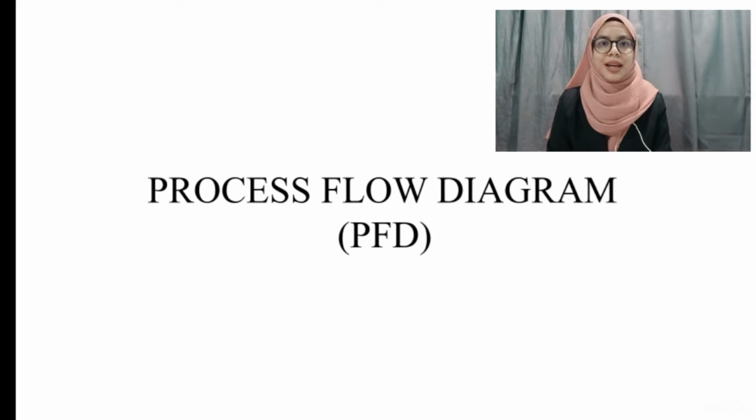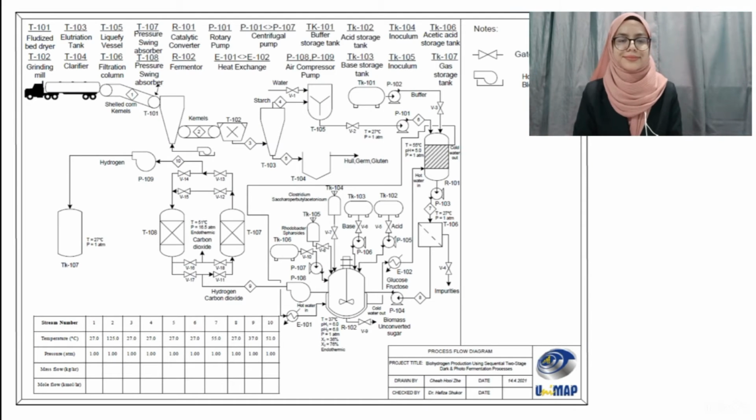Now, I will present the process flow diagram of this project. This process starts with the fluidized bed dryer, which is T102. This process allows the extraction of soluble material from the corn kernel. Then it goes to T102 for grinding mills.